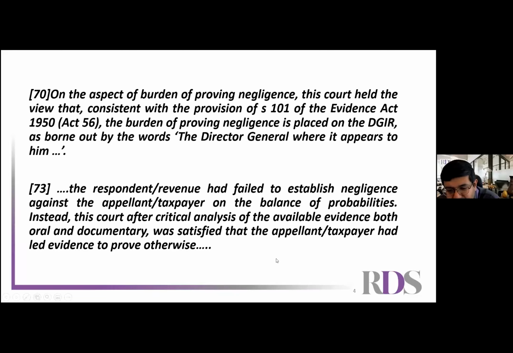Then the other argument that the IRB raised, which the special commissioners agreed with but the High Court disagreed with, was that there is negligence because the taxpayer was wrongly claiming capital allowance. The special commissioners and the IRB said, oh, the item is not plant, therefore you can't claim capital allowance.